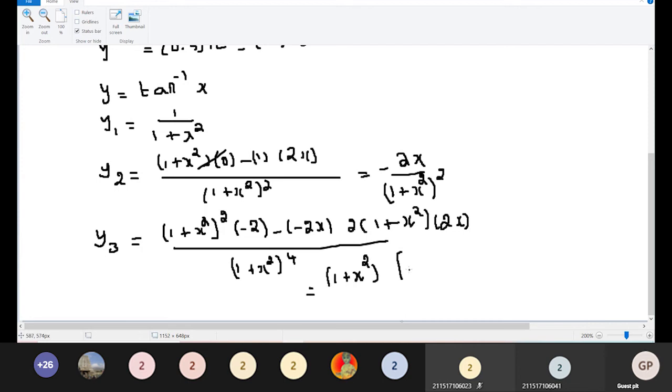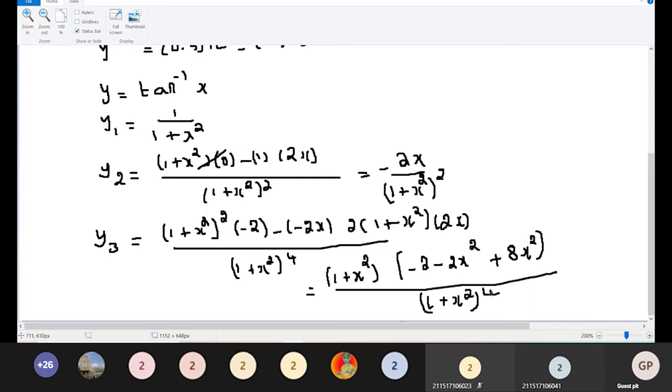Remaining you have minus 2x square in the numerator, minus into minus plus 8x square, divided by 1 plus x square whole power 4. We can cancel 1 power here.